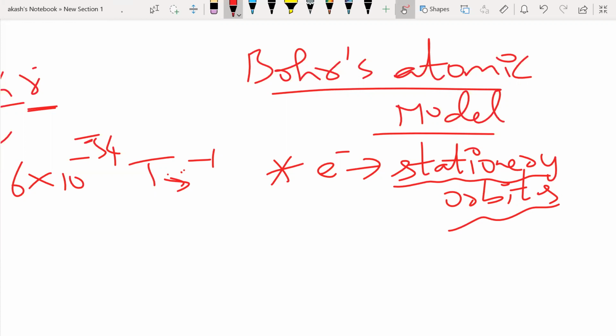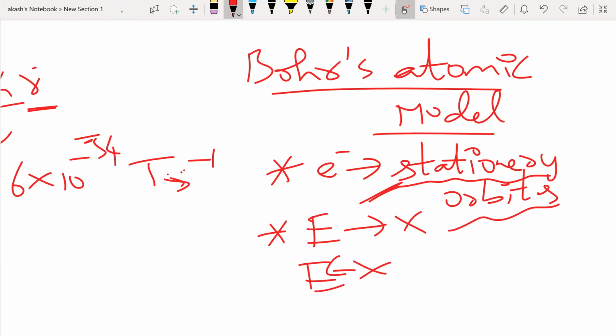Now, the speciality of the stationary orbit is that as long as the electron stays in its own stationary orbit, there is no energy released. Sorry, energy absorbed can happen, but not energy released.